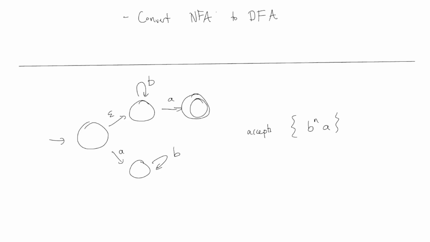So I'd like to prove that this is accepted. We should give some names to some of the states because you need to refer to the states by name in your proof.